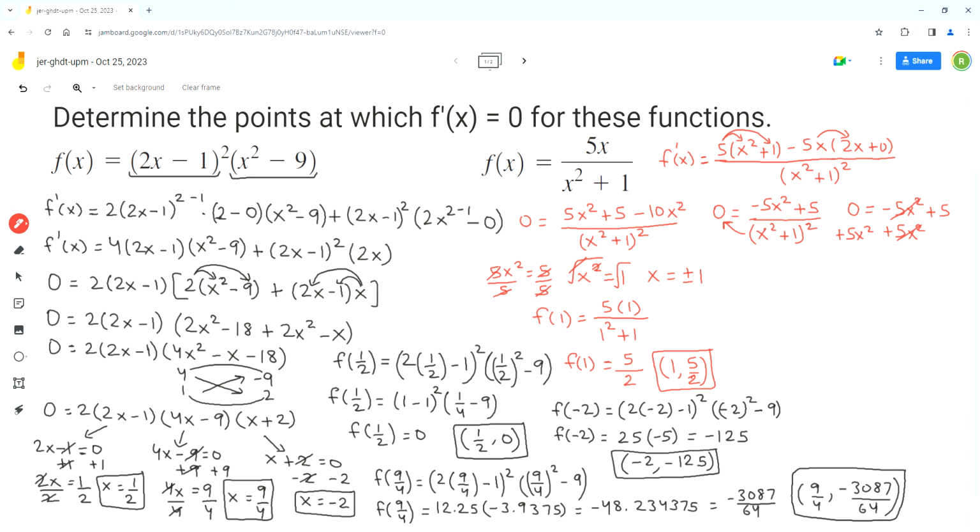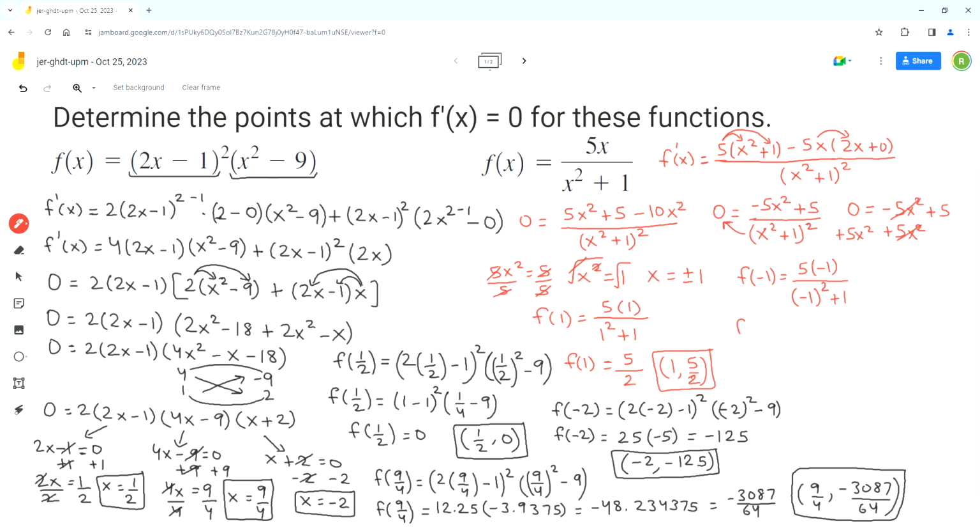So now we can find the second point for x equals negative 1. So we'll sub in x as negative 1 in the function. So f at negative 1 will be equal to 5 times negative 1 over negative 1 squared plus 1.